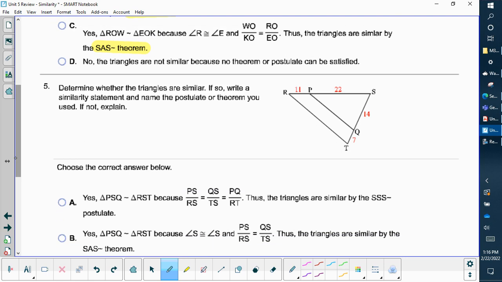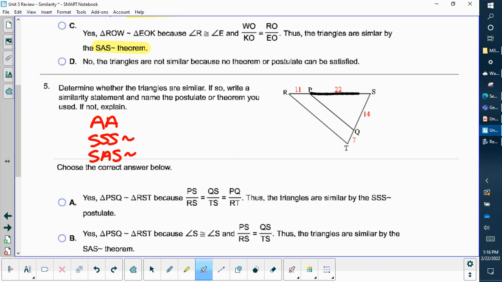Okay, this one. Again, is it angle, angle? Is it side, side, side? Or is it side, angle, side? Now, this looks a little bit weird, but if I were to unstack these, okay? So let me unstack these two pictures. I'm just going to trace them.